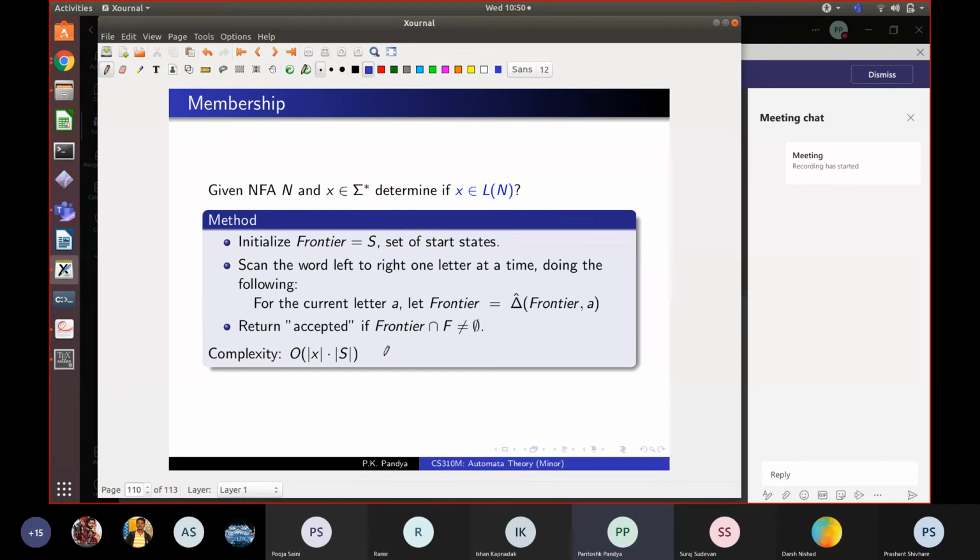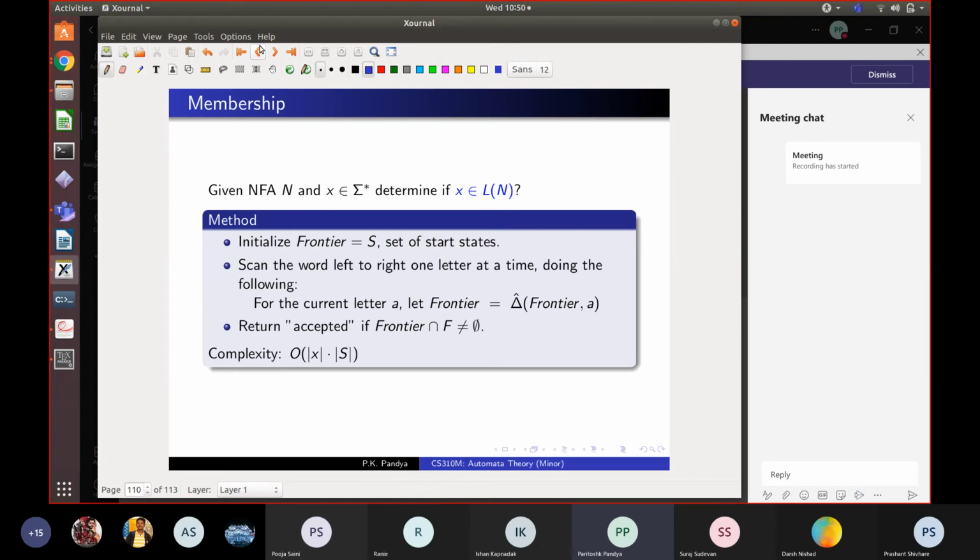This is roughly what we call in computer science the big O notation. It gives you that some constant of this expression is roughly the amount of time that you will take to check membership, right? So this is nothing but the simulation method for the NFA, and we can determine whether a word is accepted by an NFA or not.